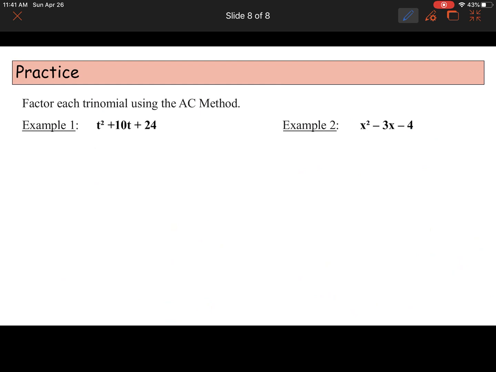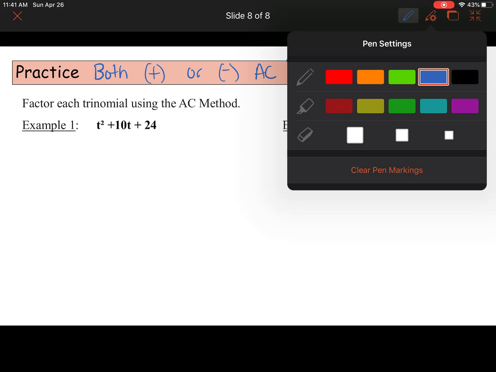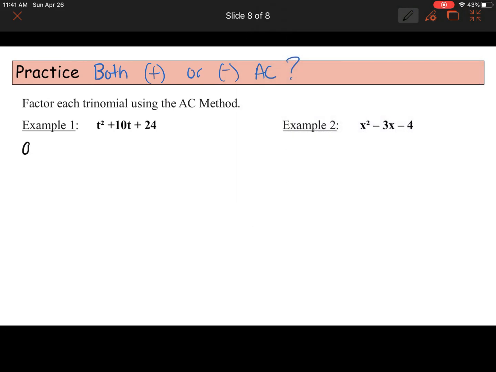Alright, we'll do 2 more examples, combining so you can see the difference between positive and negative AC. Okay, so this is going to be both a positive or a negative AC. Let's check. So example 1. I have A equals 1, B equals 10, C equals 24.